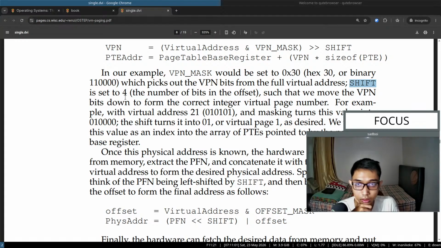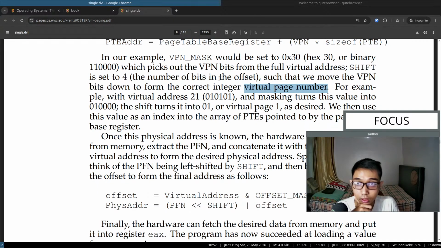Shift is set to 4, the number of bits in the offset, such that we move the virtual page number bits down to form the correct integer virtual page number.